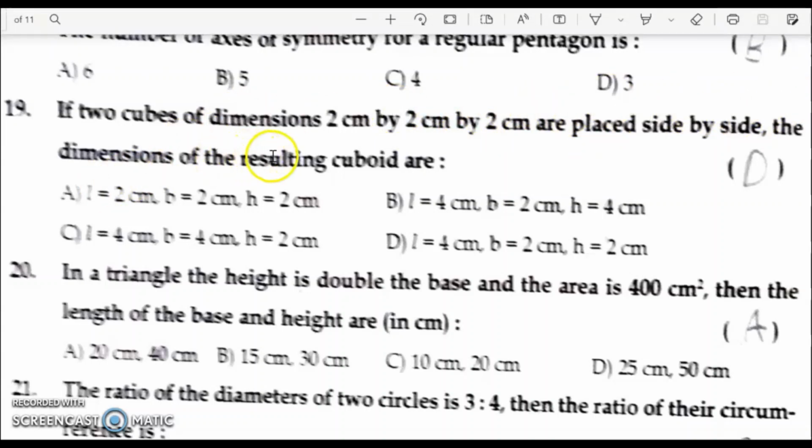Then the dimensions of the resulting cuboid are, D is the correct answer: length 4 cm, breadth 2 cm, height 2 cm. In a triangle, the height is double the base and the area is 400 cm². Then the base and the height are 20 cm and 40 cm, A is the correct answer.